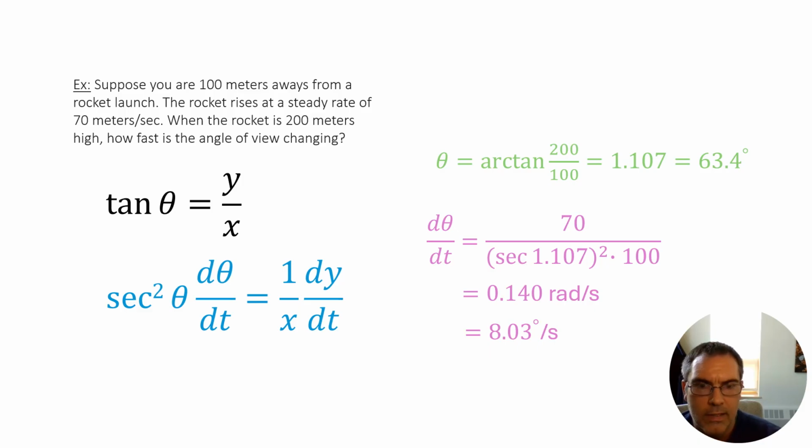Now again, because we have the trig functions here, we're finding angle rate of change, the way that this is going to come out is going to be in radians per second. So you could take this answer, 0.14 radians per second, and if you'd like, put it into degrees and get 8.03 degrees per second.